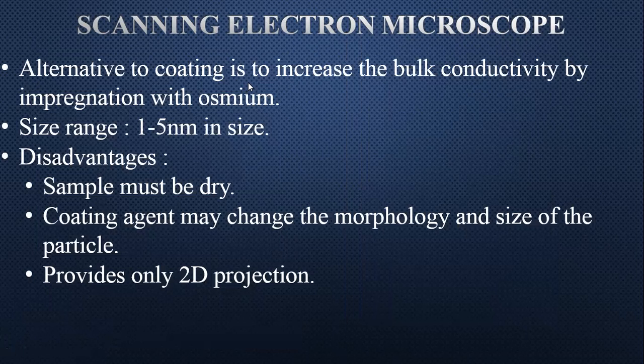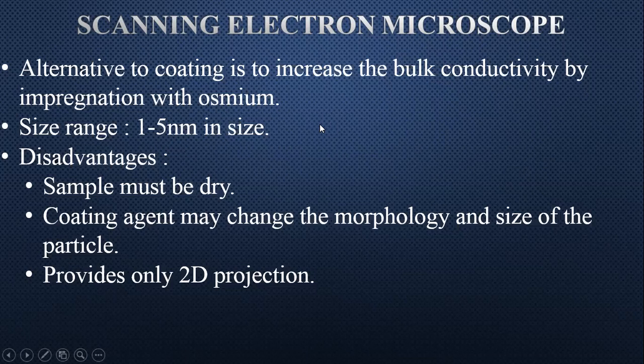An alternative to coating is to increase the bulk conductivity by impregnation with osmium. Size range, as I already mentioned, we can observe 1 to 2 nanometers easily using the scanning electron microscope.